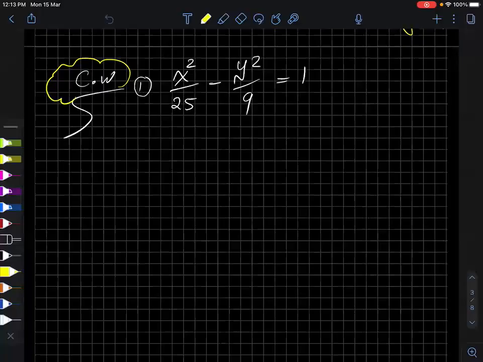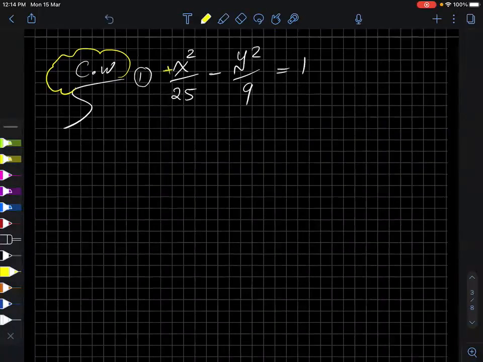We have here x squared over 25 minus y squared over 9. So we can simply say that the x has a positive sign here.